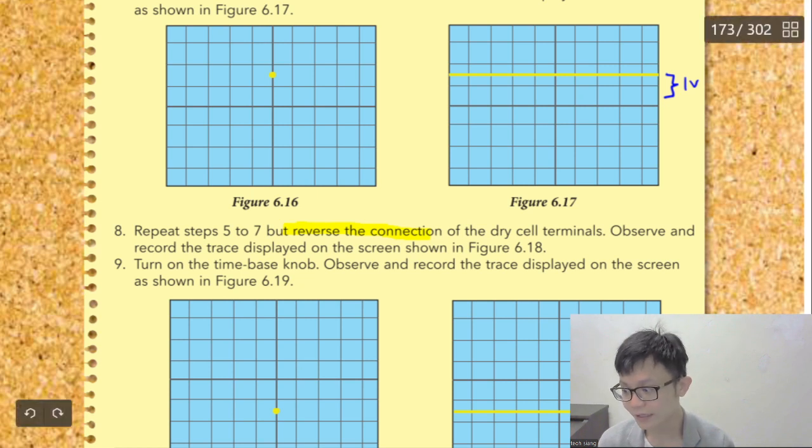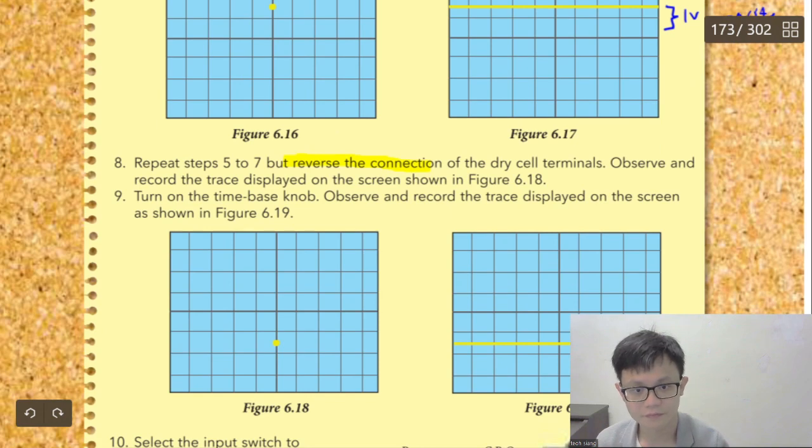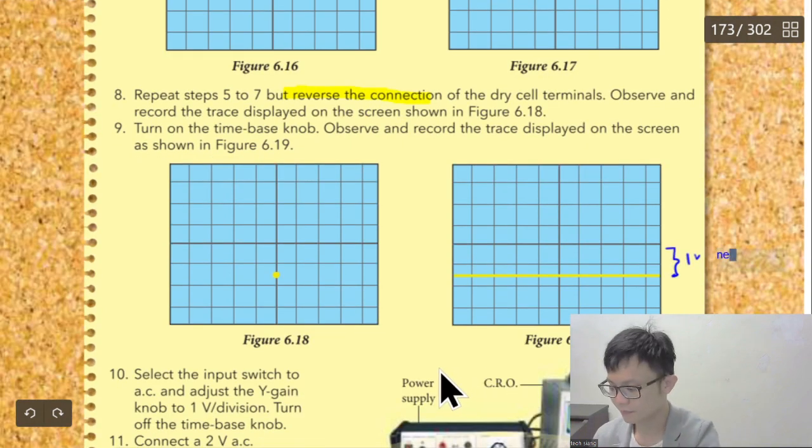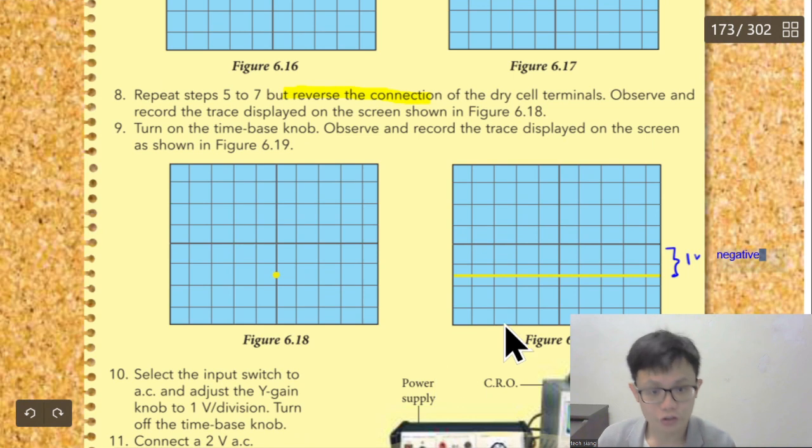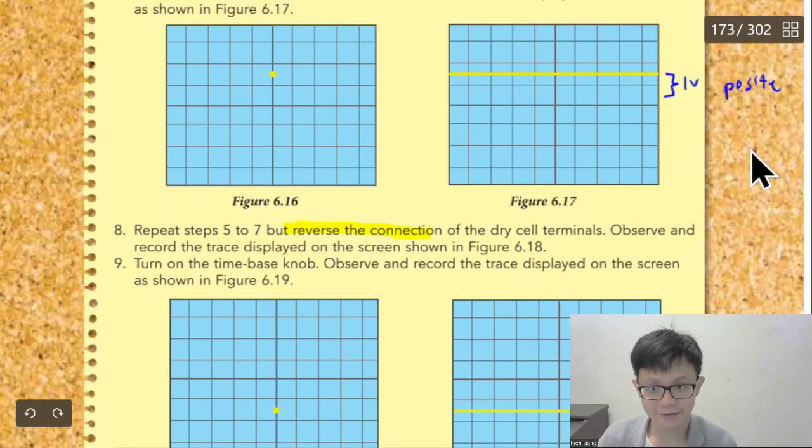The difference is the position. This is positive and this is negative. Showing that the battery has been reversed.